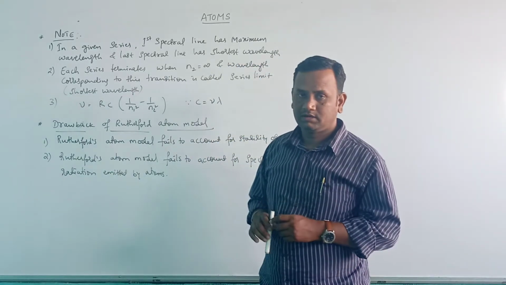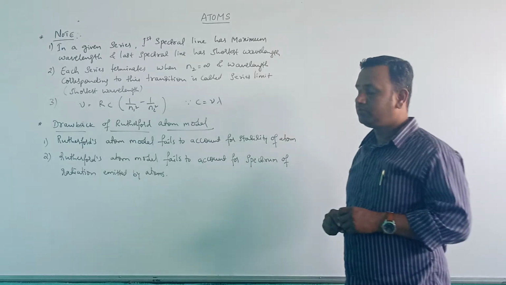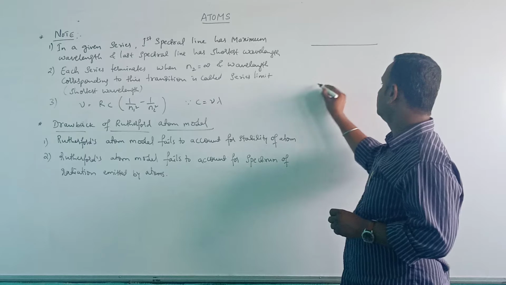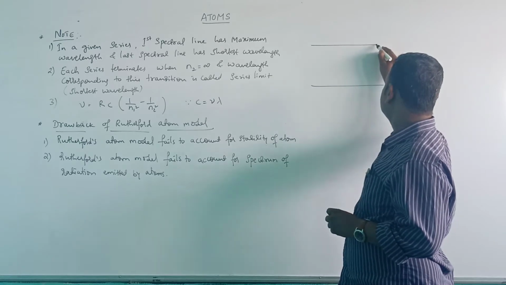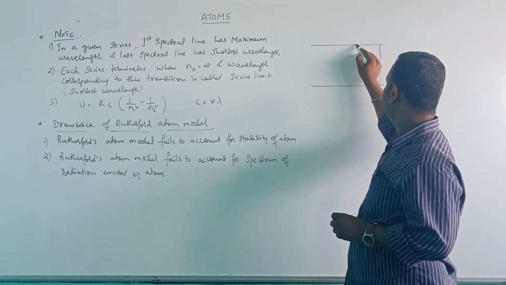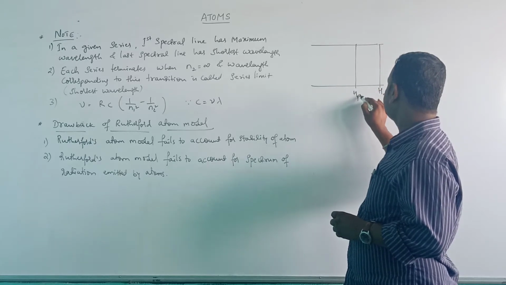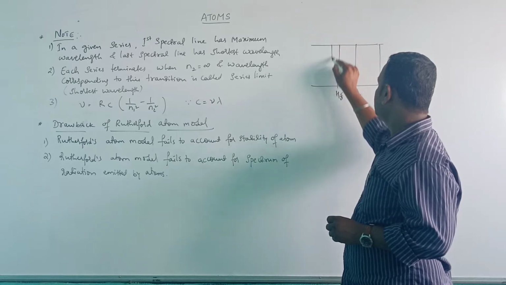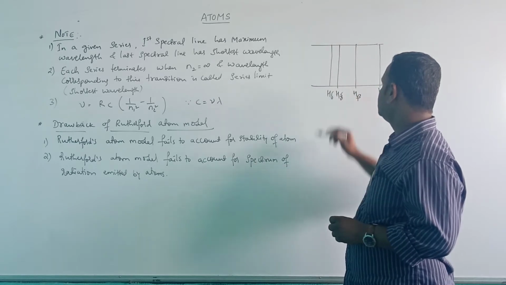I think you might remember that diagram which I explained in the last class. First spectral line H alpha, H beta, H gamma, H delta.